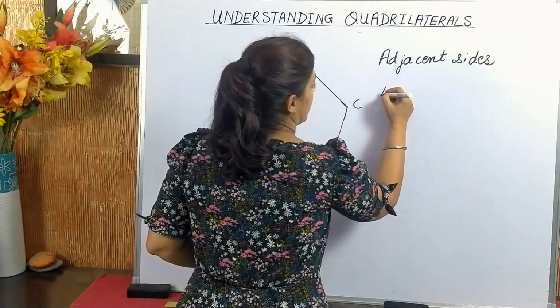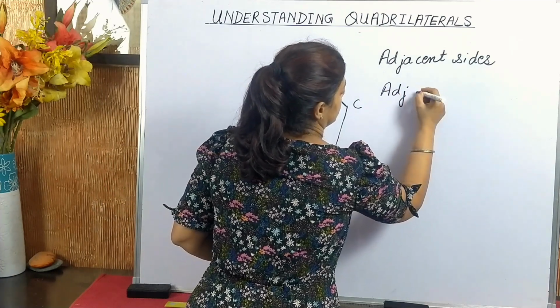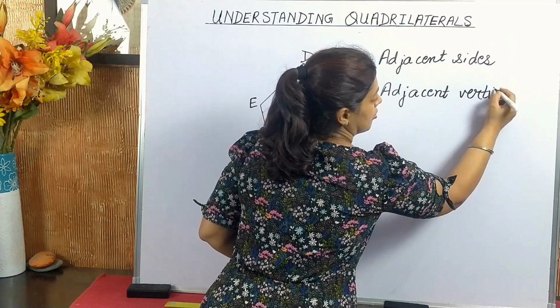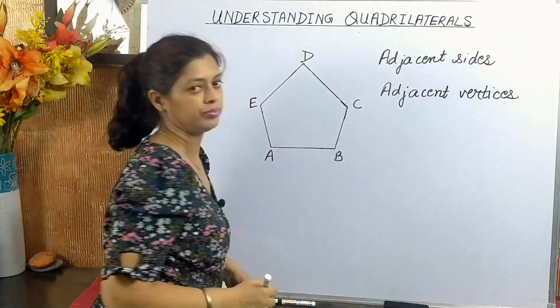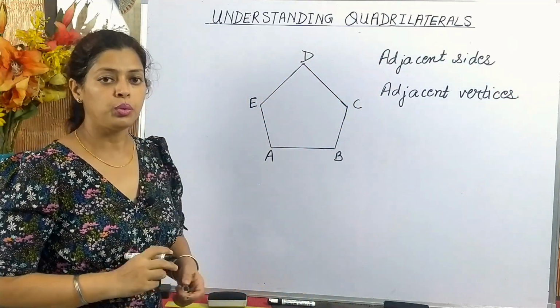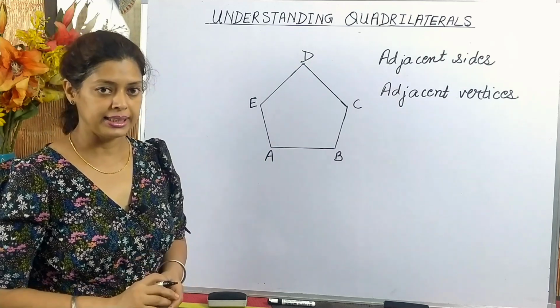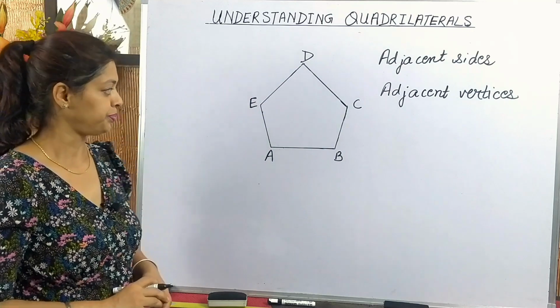Then we have the adjacent vertices. Now, the two endpoints of the same side of the polygon are called the adjacent vertices of that polygon.